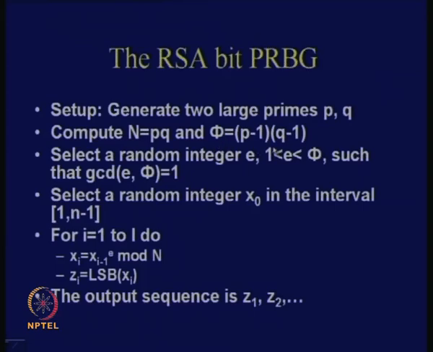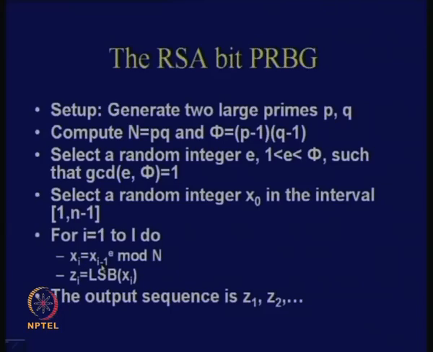So phi is equal to (p minus 1) into (q minus 1), and then you select a random integer e such that e is co-prime to phi. Then you select a random integer x naught in the closed interval 1 to n minus 1, and then you repeat this procedure. What is the procedure?